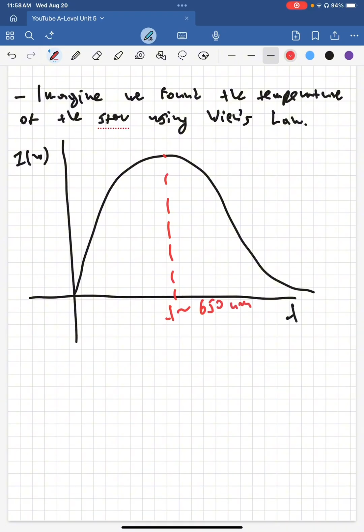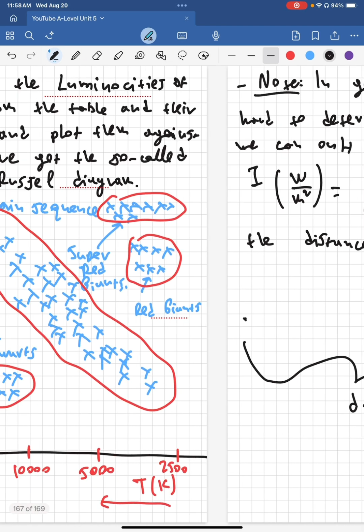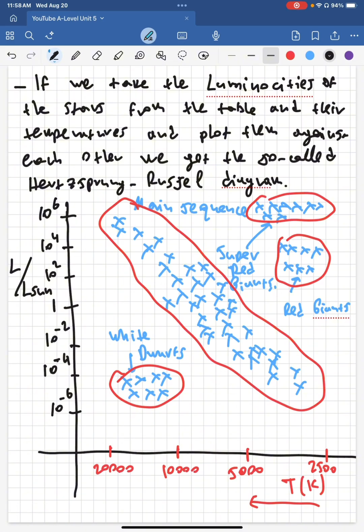Okay, so let's say that we had this curve in our possession. Using this, we found the peak lambda. Using Wien's law, lambda times T is a constant. So using Wien's law, we can find T. So if we know T, we can actually use the Hertzsprung-Russell diagram to find the luminosity of the star, okay?